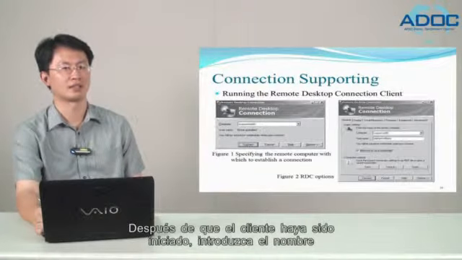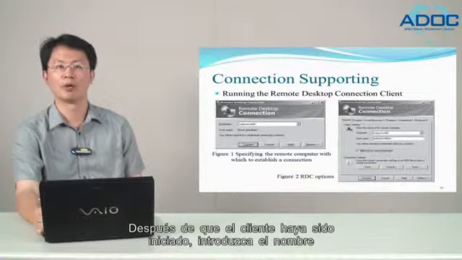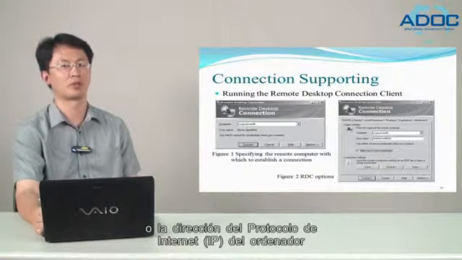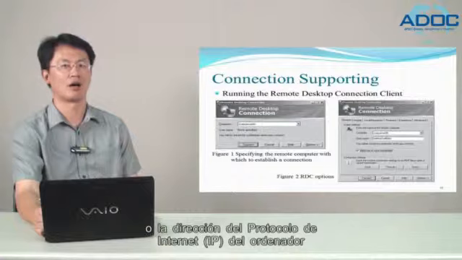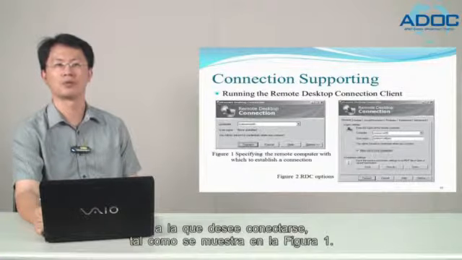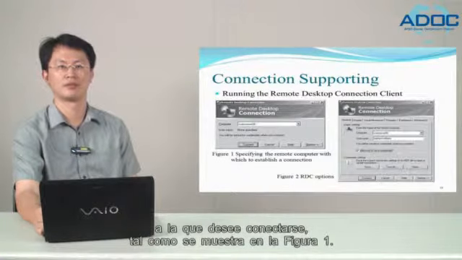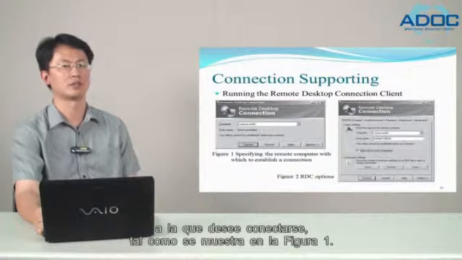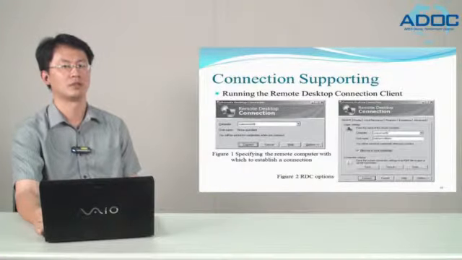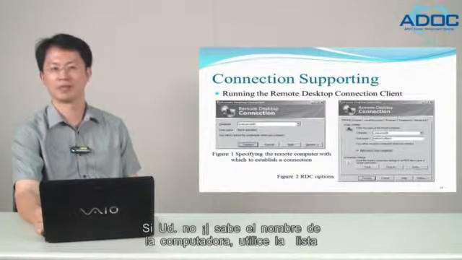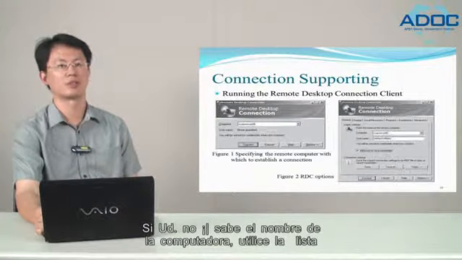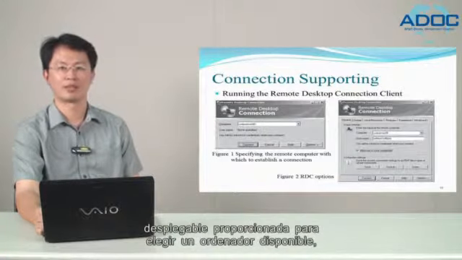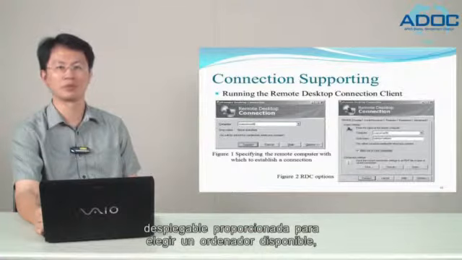After the client is started, enter the name or Internet Protocol address of the computer to which you want to connect, as shown in the figures. If you don't know the name of the computer, use the drop-down list provided to choose an available computer.